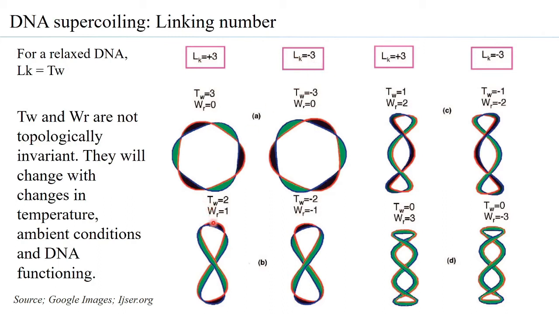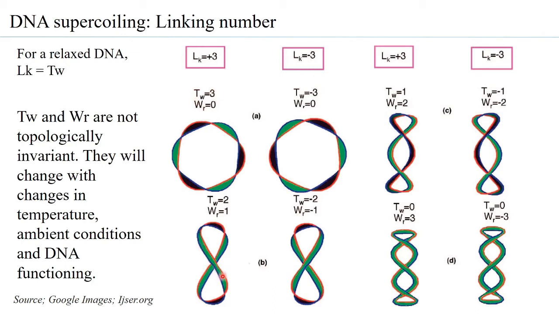Suppose now a twist is introduced into this relaxed DNA. What will happen? We are saying that the linking number is invariant. So therefore, what will vary? The twisting number and the writhing number. Now, what have we introduced over here? We have introduced one writhe.